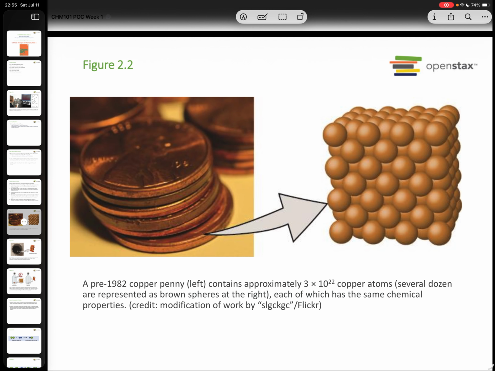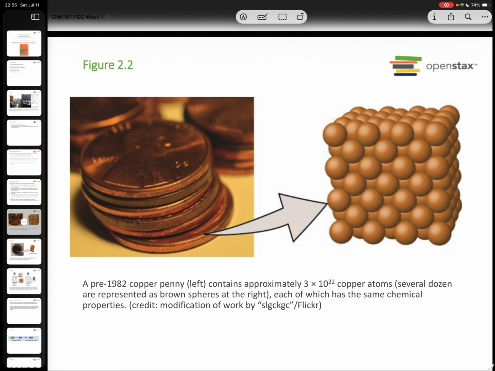So itong figure na to, it helps us connect the macroscopic world to the atomic world, no? So a pre-1982 copper penny contains around 3 times 10 to the 22 copper atoms. So that's a lot of copper atoms, no?